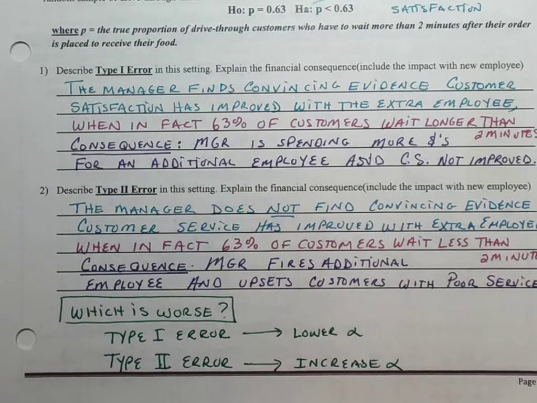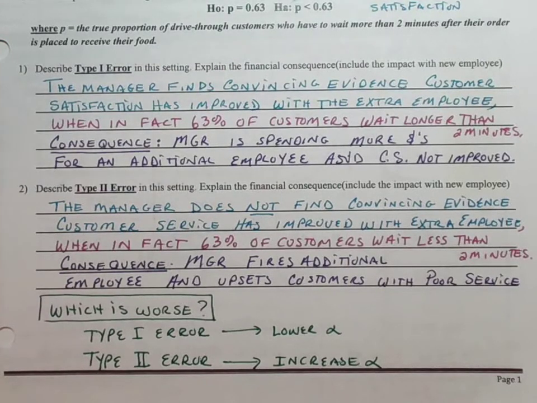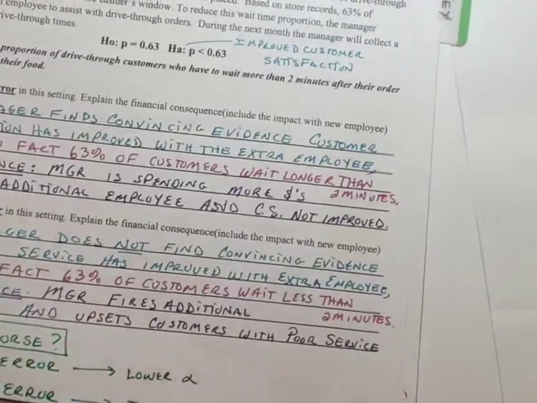The only things that you can make adjustments for when you're doing research is you can set your own alpha and you can set your sample size. You cannot control beta, type 2 error, and you cannot control power. Those are results of what you do with alpha and your sample size.